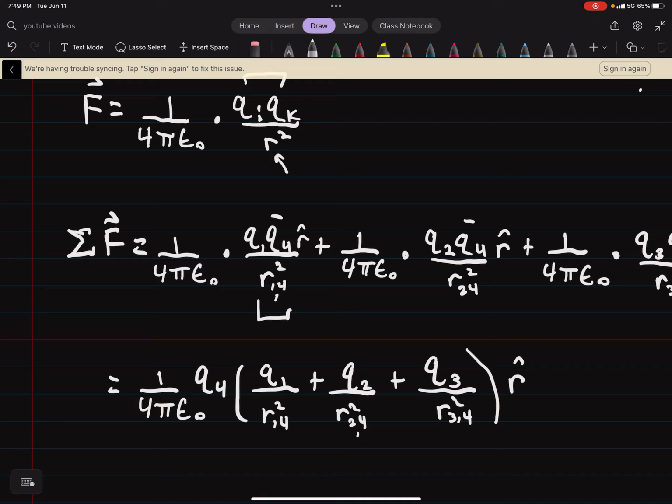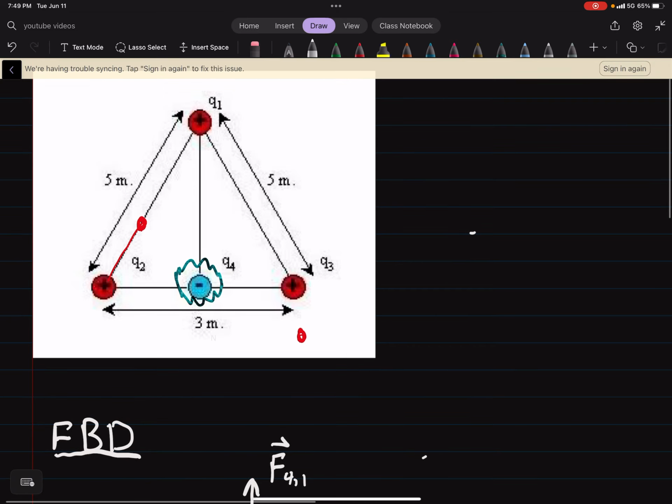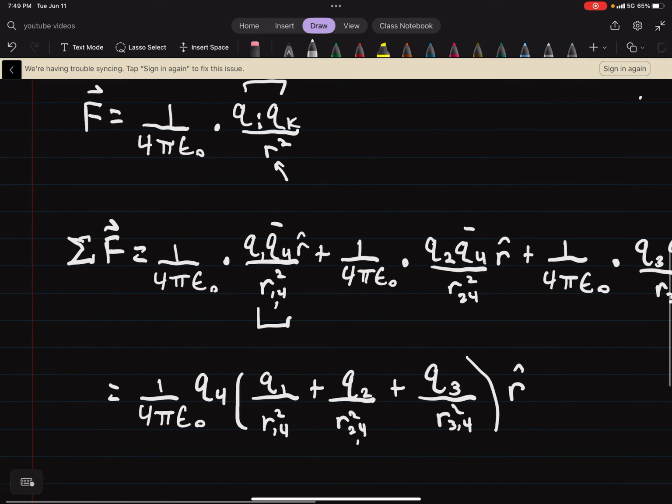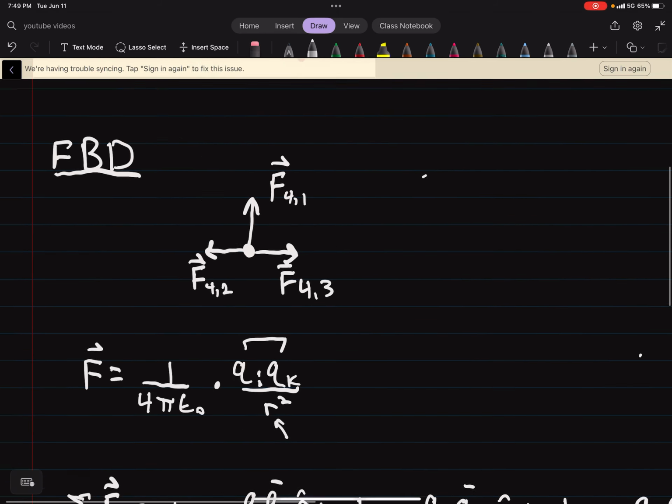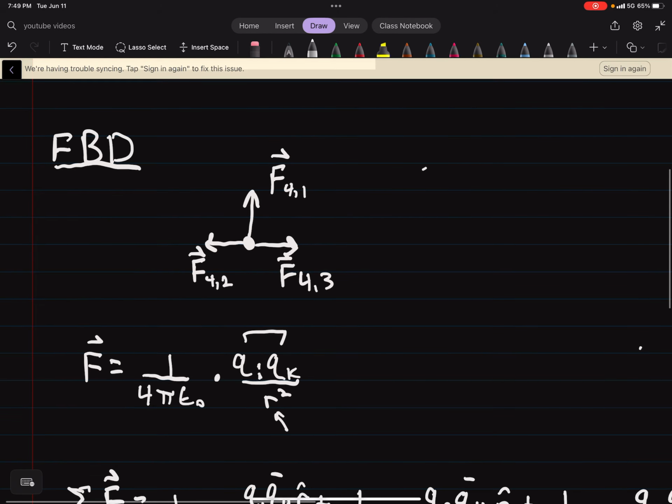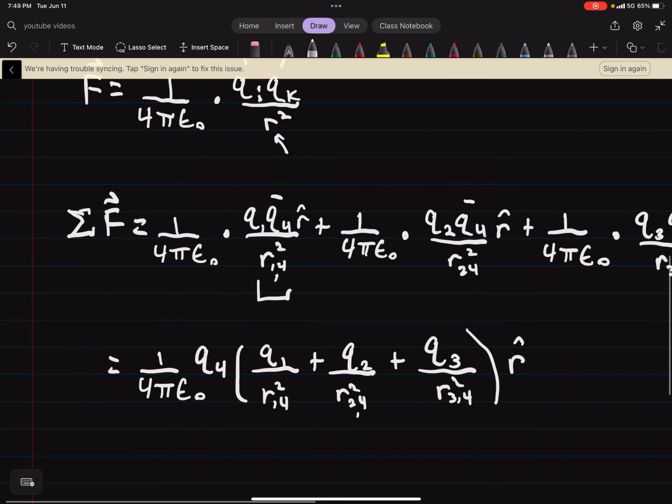But I'm assuming there's some reason that we have these numbers that were given. So we can go ahead and solve that. I believe, let me check the problem, all the charges are the same. I'm looking on the Discord. Q1 equals Q2 equals Q3.